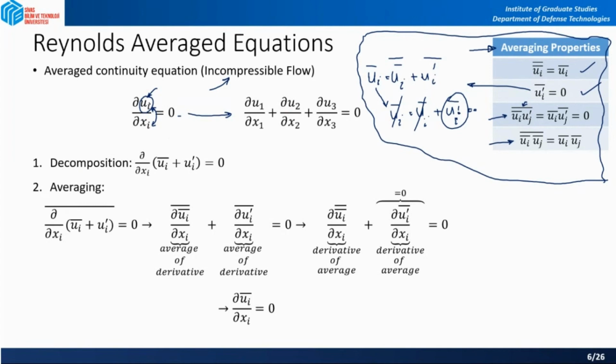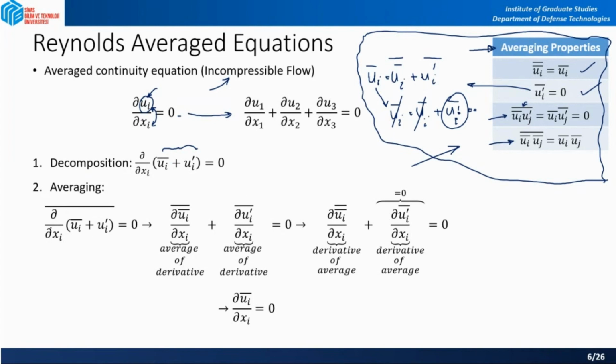So your ui is the summation of the mean value and the fluctuating value. And then you will do averaging on this decomposed equation. When I do this averaging using the properties that I have mentioned here, this would become like this.